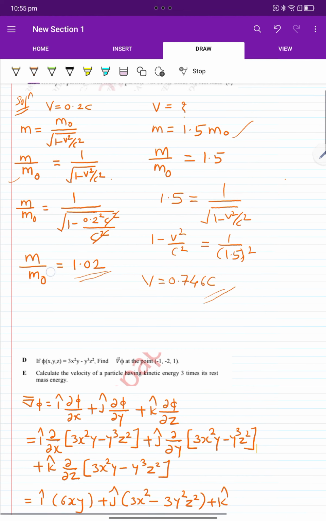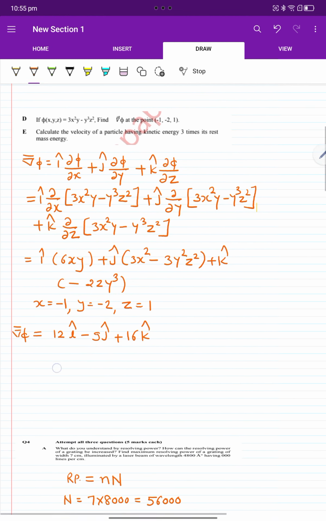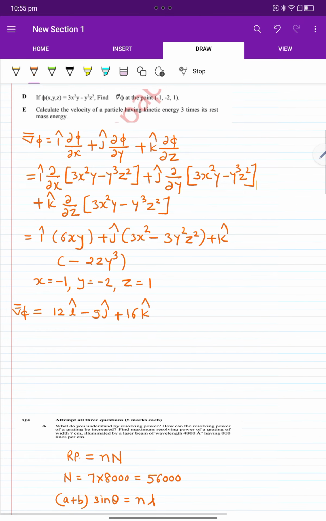Now let's move towards the next question, where we have given a scalar function 3x square y minus y cube z square. We need to find the gradient of this function at the point -1, -2, 1. We know the gradient of a scalar function is i cap del phi upon del x plus j cap del phi upon del y plus k cap del phi upon del z.